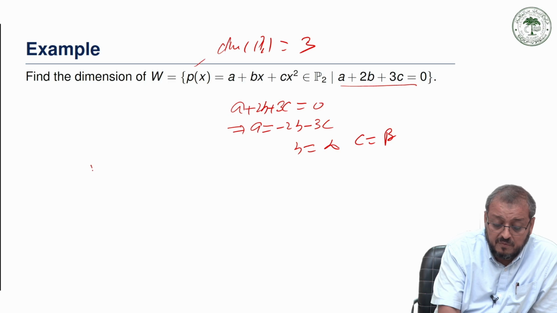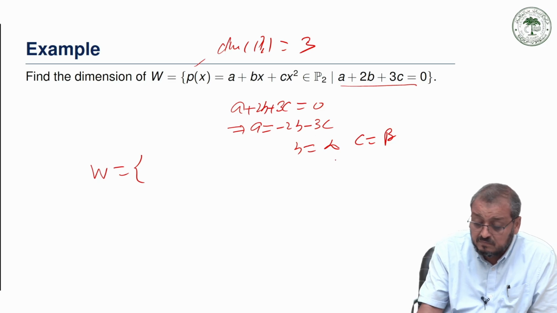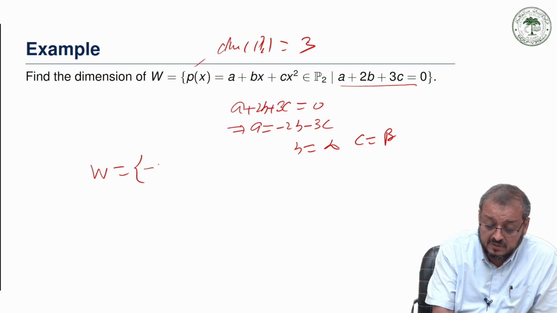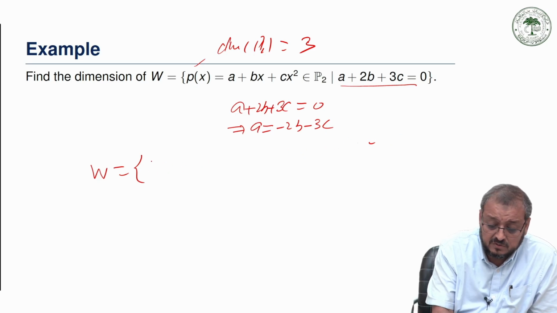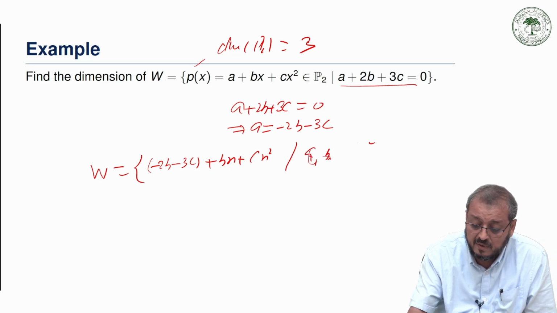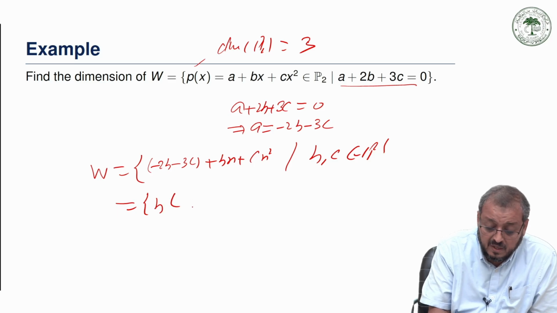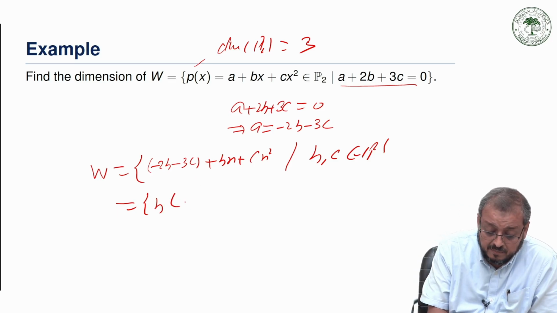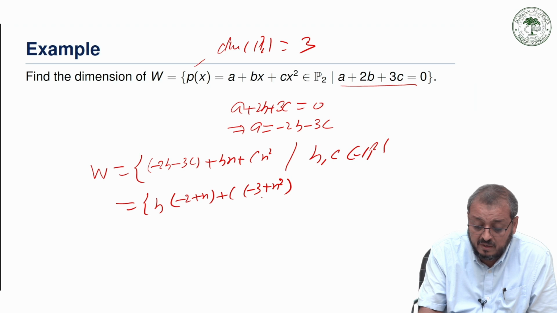So W can be written in the form of elements of this type, where a is equal to minus 2b minus 3c, plus bx plus cx square, such that b and c are elements of R. This can be written as b times minus 2 plus x, plus c times minus 3 plus x square.